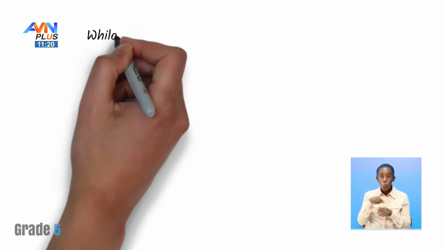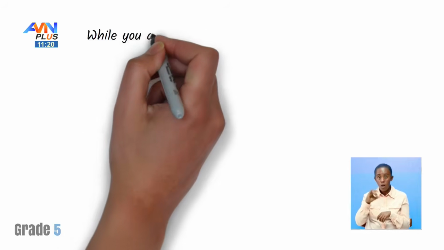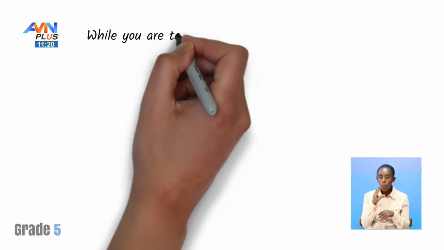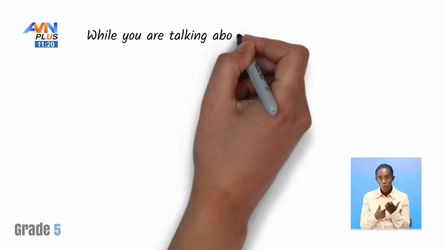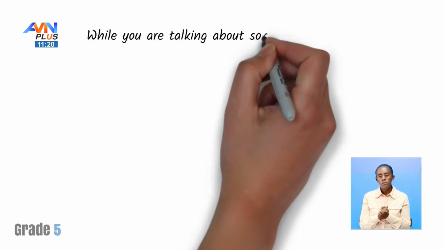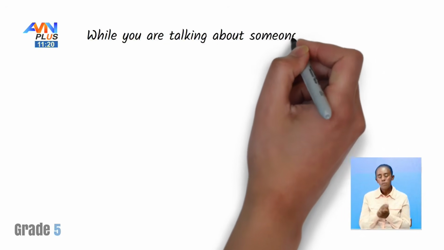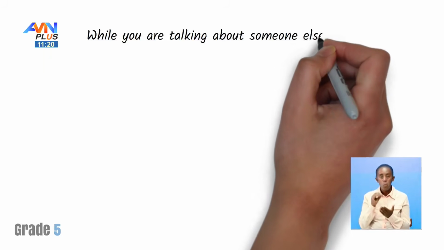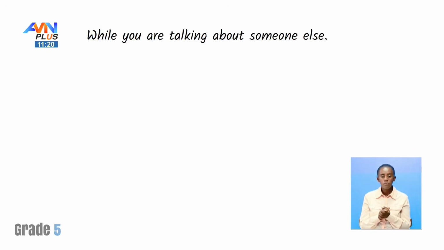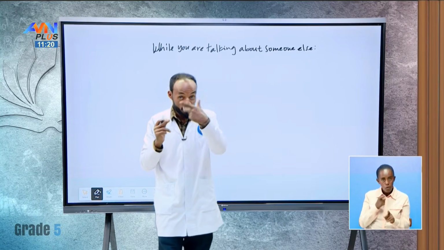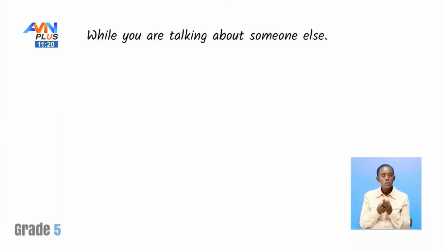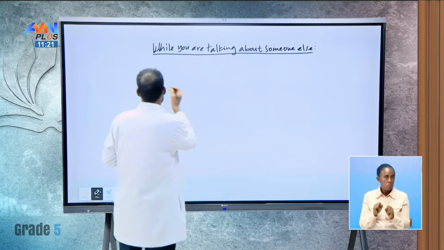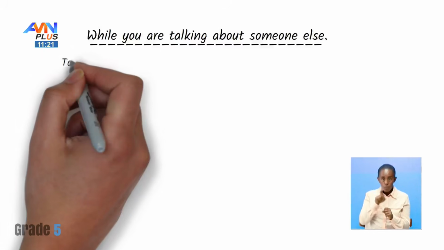While you are talking about someone else, you have to start from, we are talking orally. If you are talking, you have to start from what? Different kinds of styles can be used.